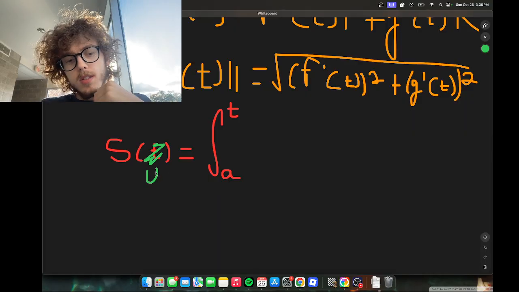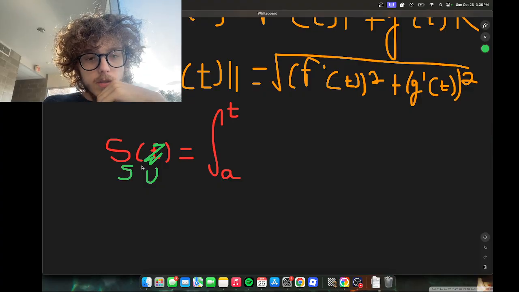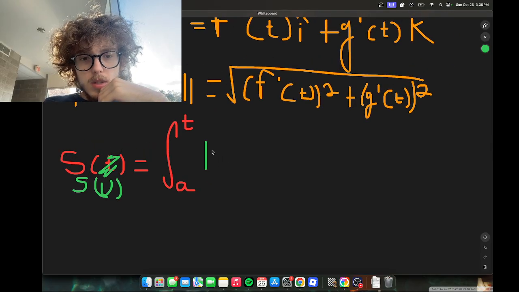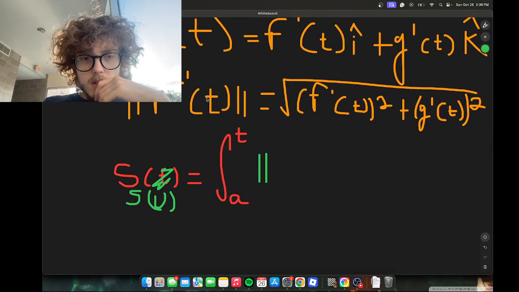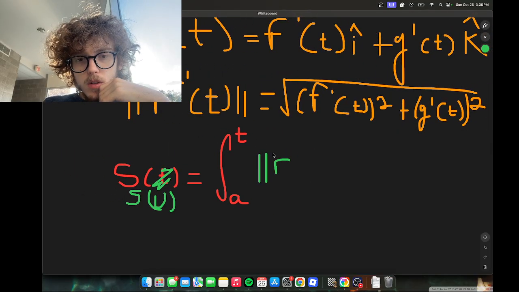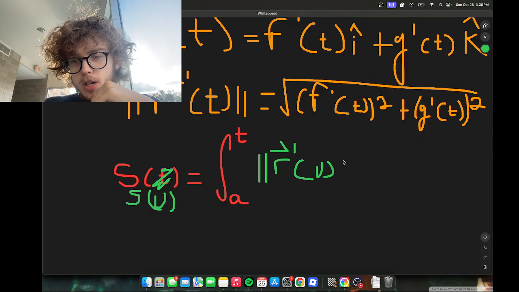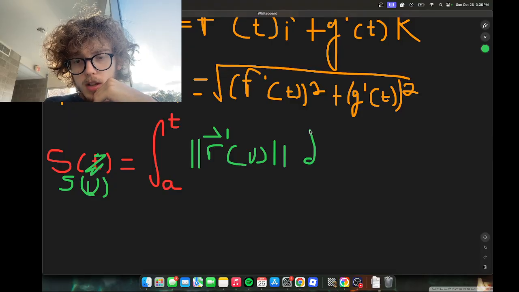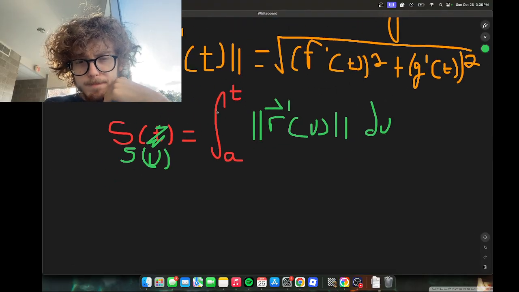So let's just call this s of u. So s of u is still equal to this, and that's going to be the magnitude of r prime, and instead of t, let's just call this u. So r prime of u, kind of like just a dummy variable. And let's integrate this with respect to du.